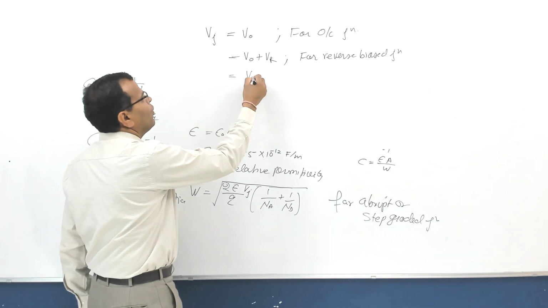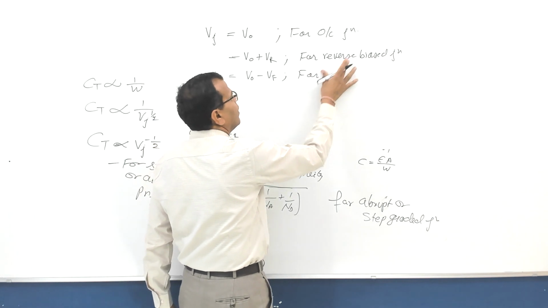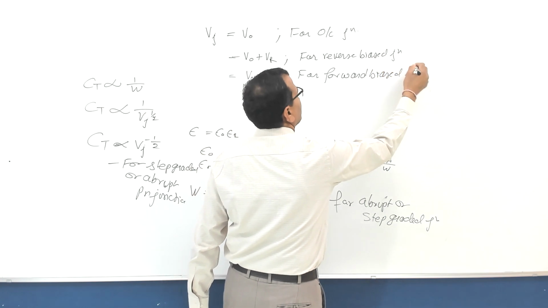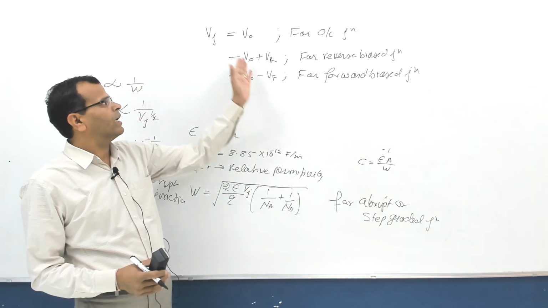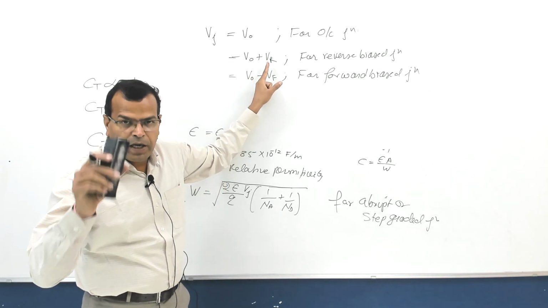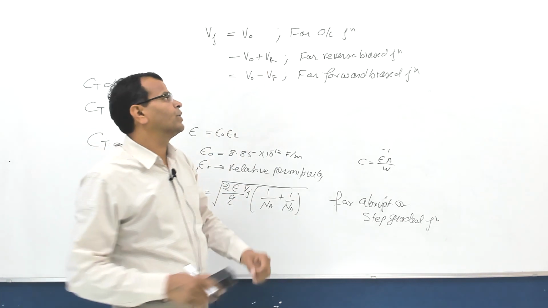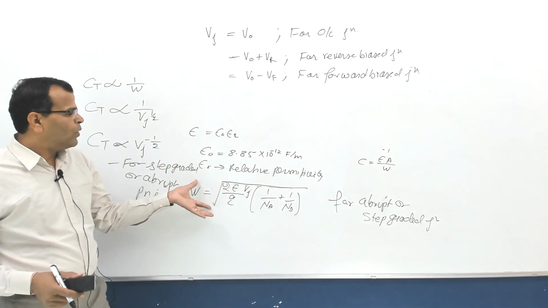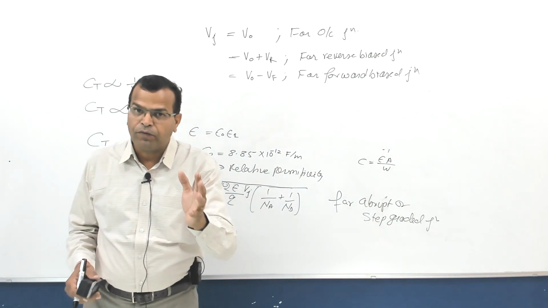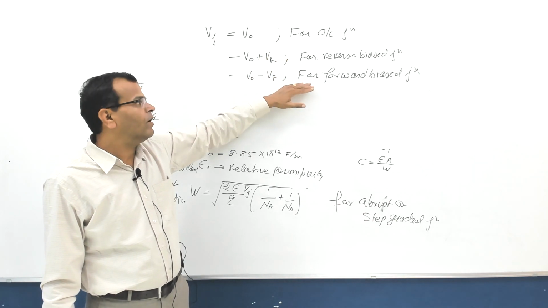And this Vj is V naught minus Vf for forward biased junction. Please remember these three relationships. Vr is reverse biasing voltage of the diode. Vf is forward biasing voltage of the diode. So if you see, this W is applicable for all the biasings. So the transition capacitance will be existing for all the biasing, that is for open junction, for reverse bias junction, for forward bias junction.